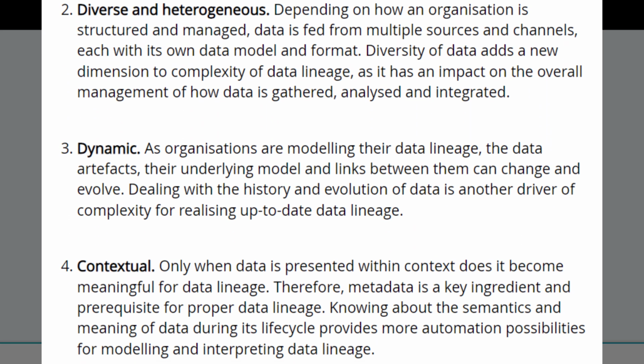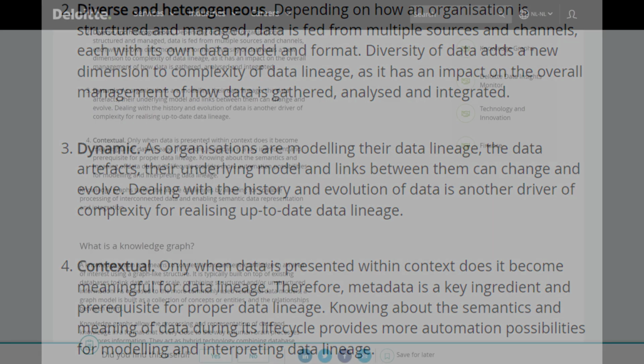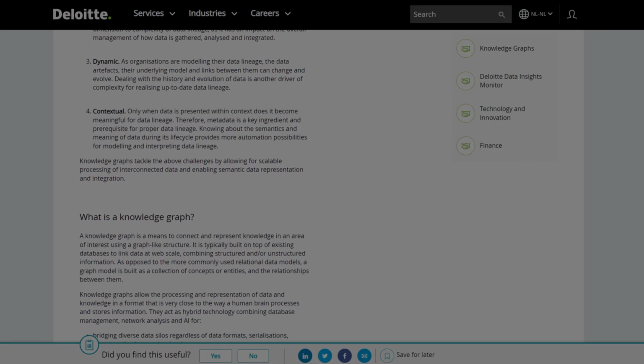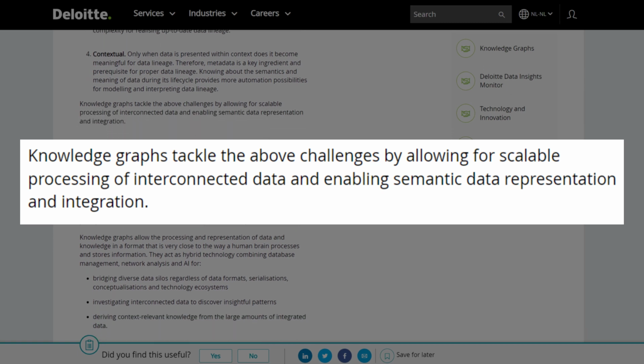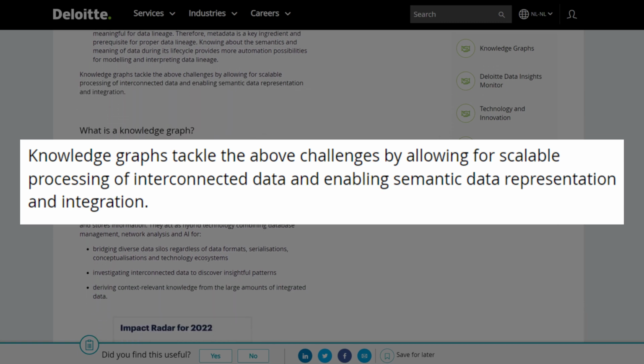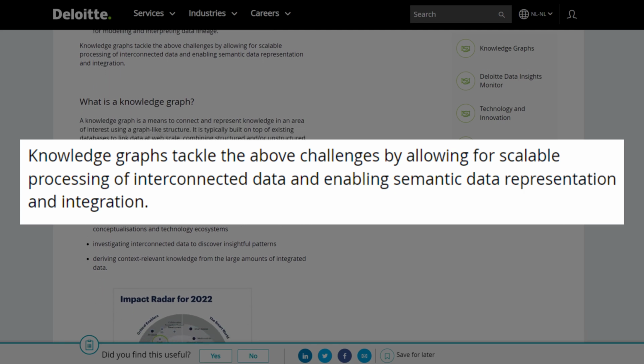Now, if you've watched my previous video, you've heard enough about contextual data and how this works in tandem with contextual AI technologies. Knowledge graph tackles the above challenges by allowing for scalable processing of interconnected data and enabling semantic data representation and integration.